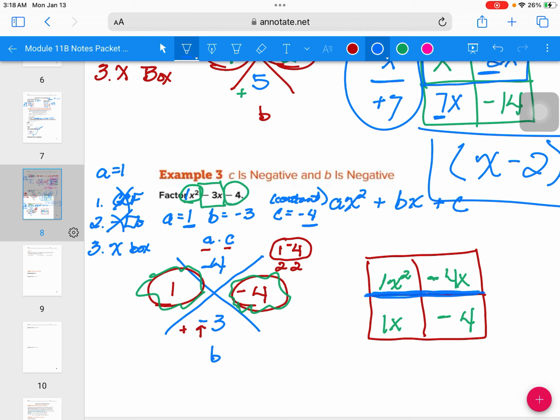So I have a 1 and a negative 4. That's going to be a 1. X squared and x to the first. You always have to use the smallest exponent, so that is an x to the first. Looking at my second row, I have 1x and negative 4, kind of just like what we had before.